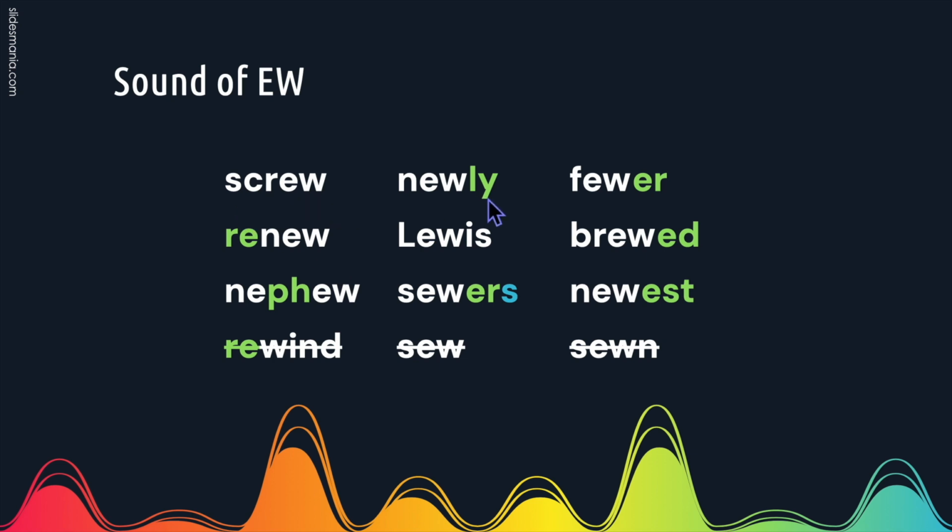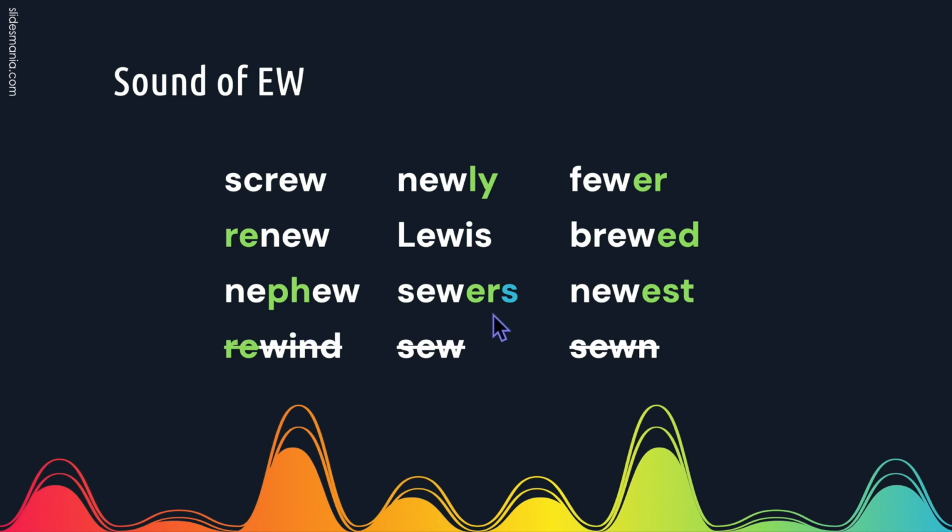Screw. We can add suffixes and prefixes to words with EW without it changing the sound. Newly. ER says fewer. We can add a prefix, renew. Here's a name, Lewis. Here's the suffix ED, which has three sounds, ed, d, and t. In this word, it will use the d sound. Brood. PH says nephew.